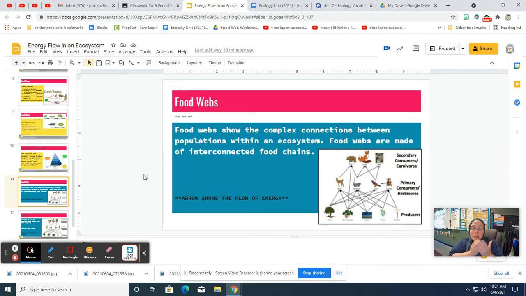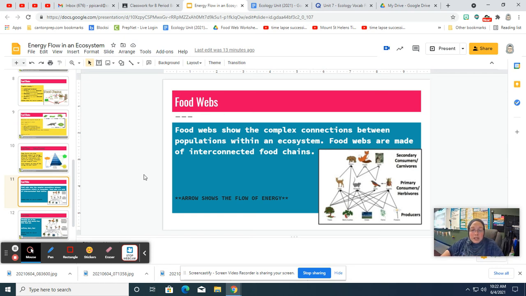So one way that we can represent multiple food chains is through a food web showing interconnections. Food webs, like food chains, start with producers, right? And then we have our arrows showing the flow of energy up through our primary consumers and our secondary consumers.